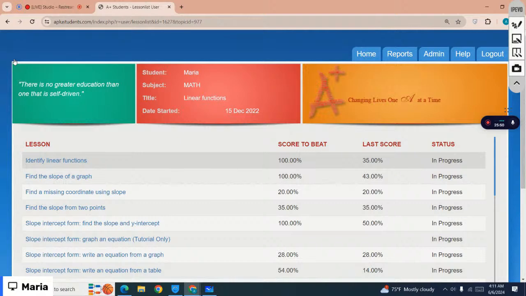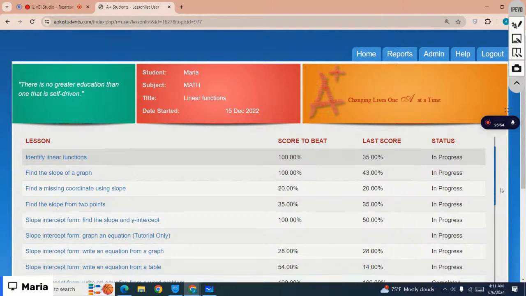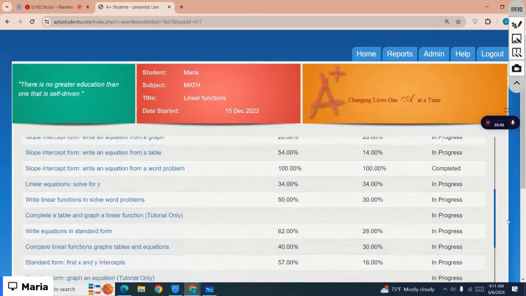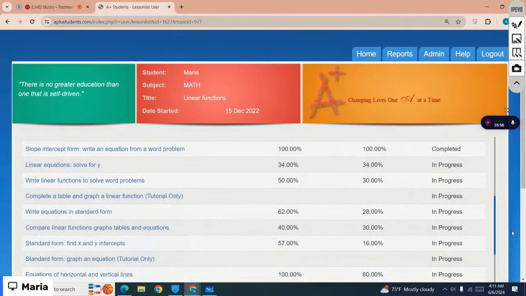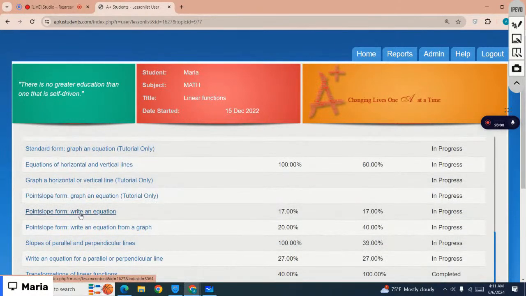Okay, the next lesson is point slope form write an equation.